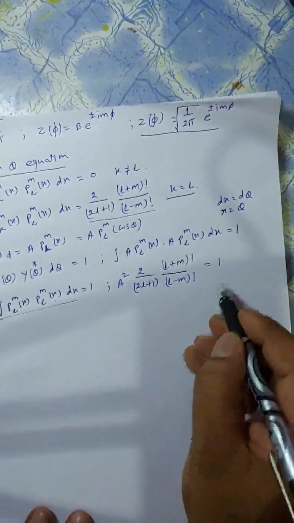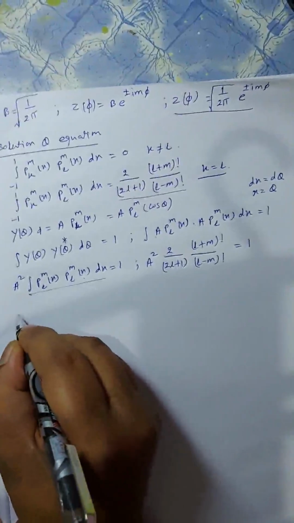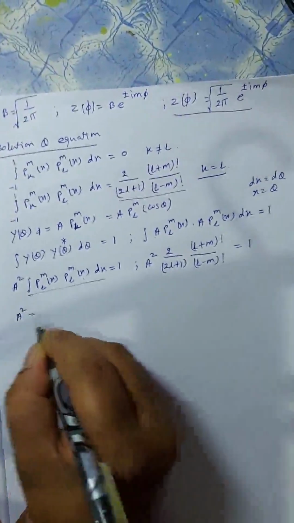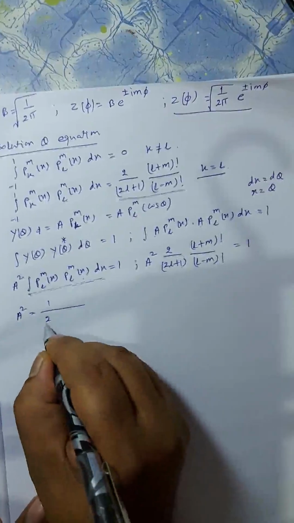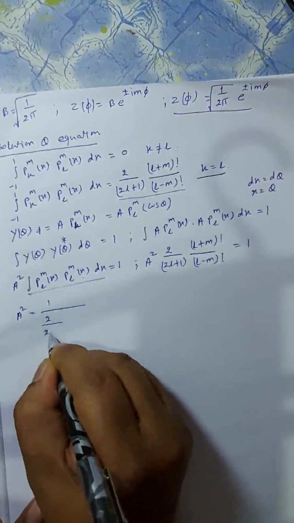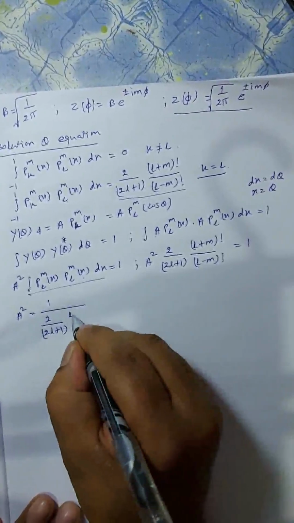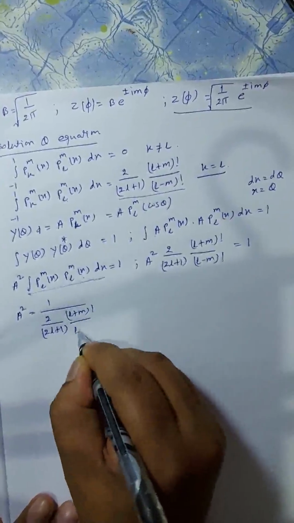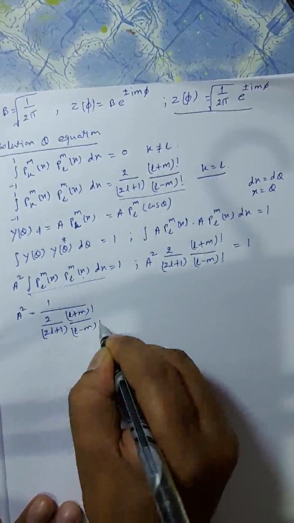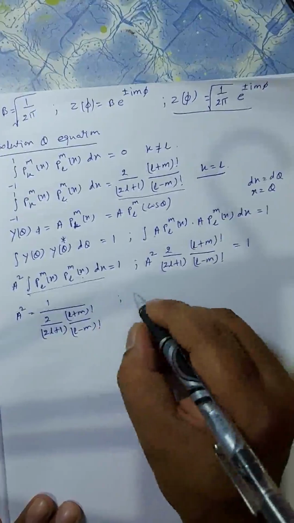Take this one to this side. Then a squared is equal to 1 divided by [2 divided by (2l plus 1) times (l plus m) factorial divided by (l minus m) factorial]. This will come upstairs, go to the numerator.